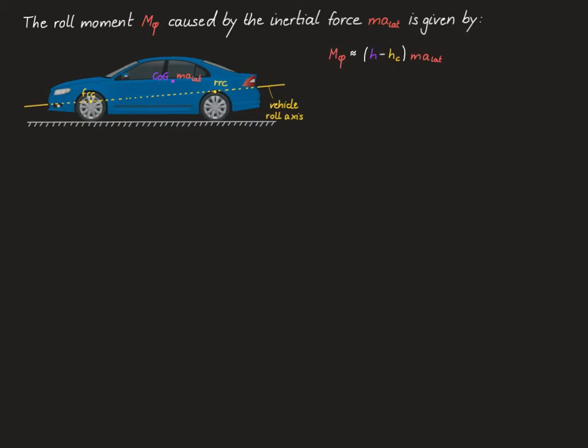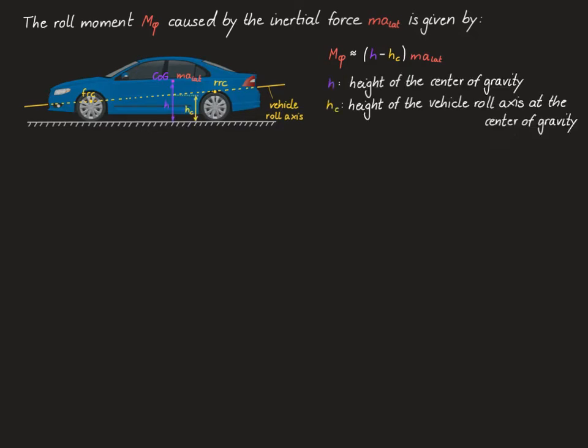The lever arm of the inertial force with respect to the vehicle roll axis is approximately equal to the difference between the height of the center of gravity and the height of the roll axis at the point of the center of gravity. By using some basic geometry, hc can be calculated in terms of the height of the rear roll center and the height of the front roll center, as well as the lengths LF and LR.